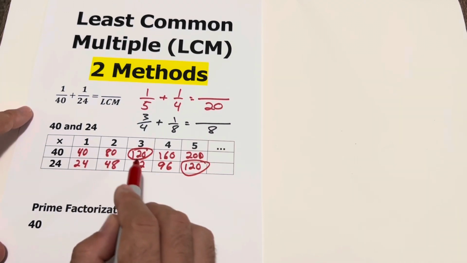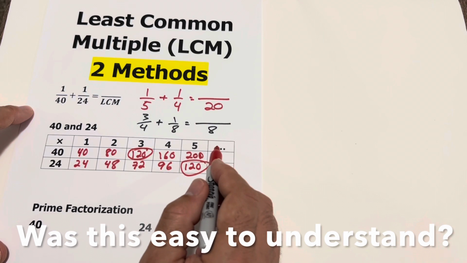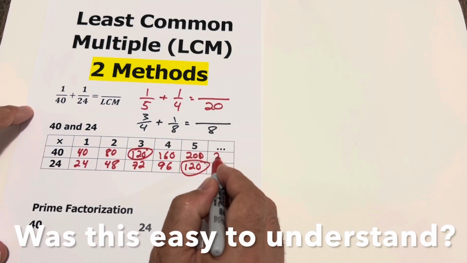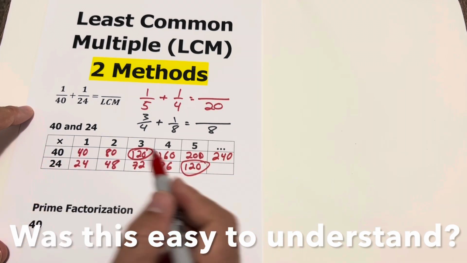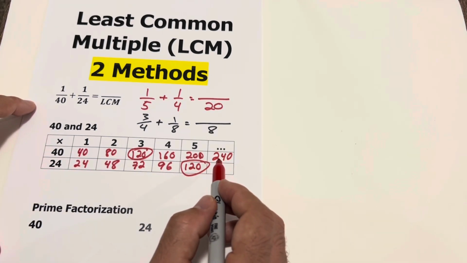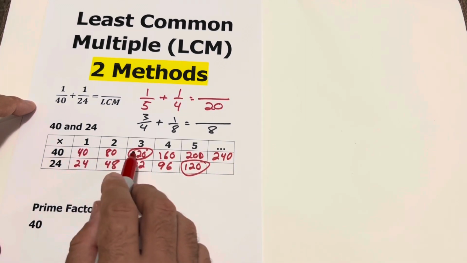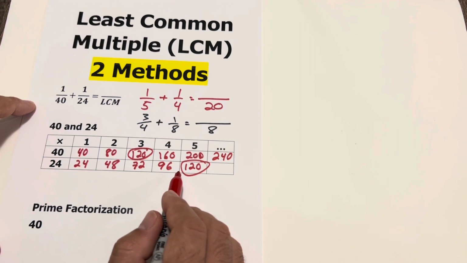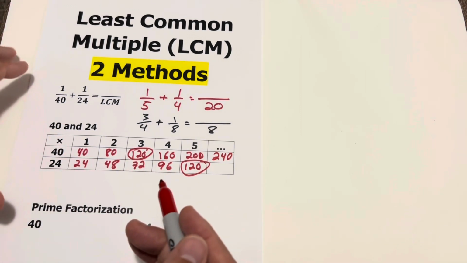The lowest two numbers that will match, because 40 times 6 is 240 and 24 times 10 is 240, but 240 is greater than 120. So the first number that matches, that's the LCM. Okay, so that's a method to find it.